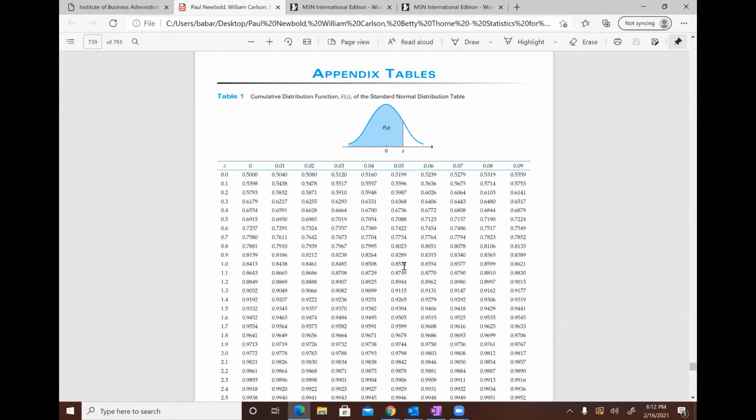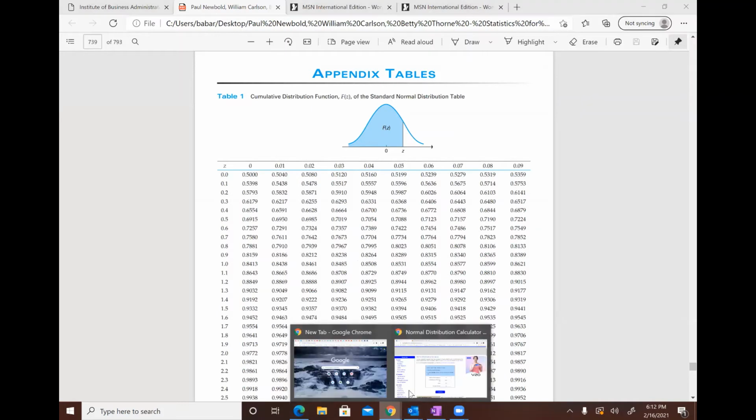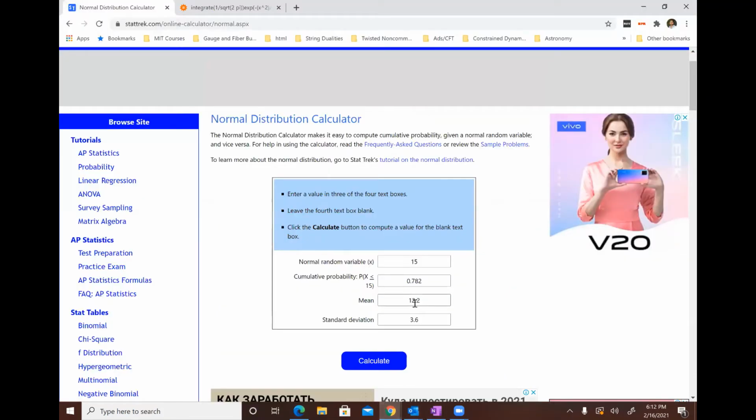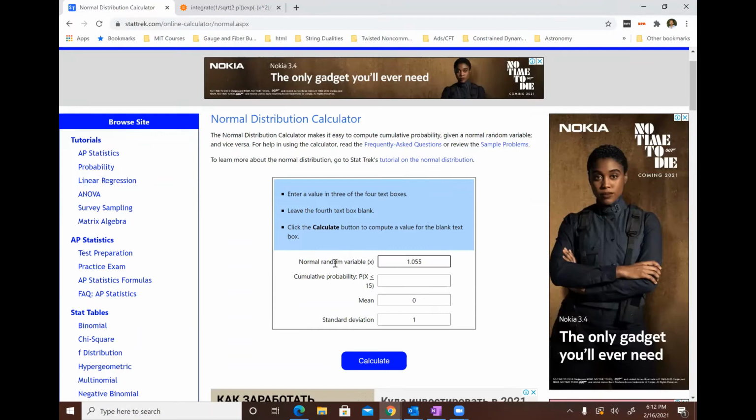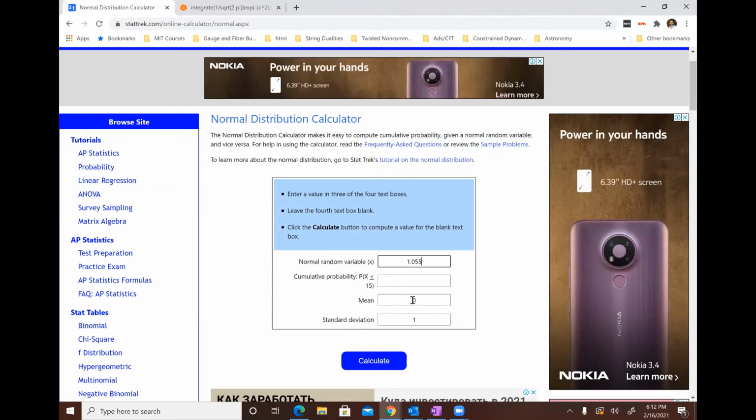At 1.05, it will only go up to this accuracy, which is 0.853. Or you can do it from this website. I computed 1.055 for the normal random variable. I'm doing it for the standard one, so I put a mean equal to 0, standard deviation equal to 1, and it computes the cumulative probability.